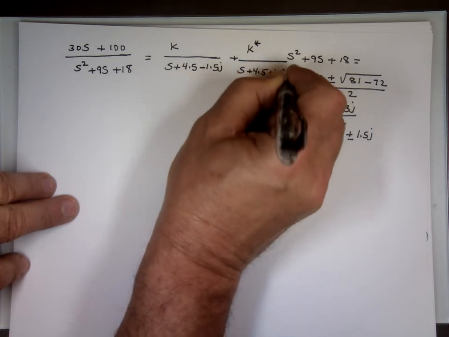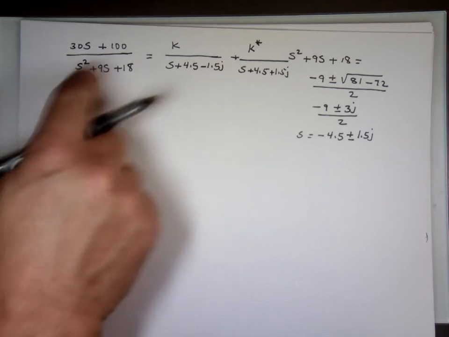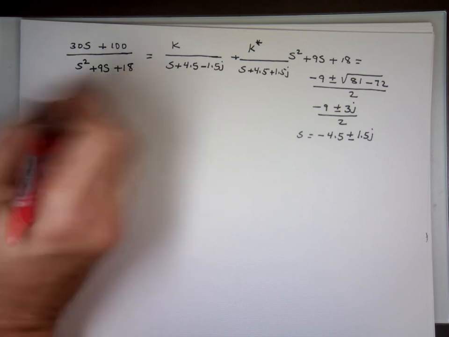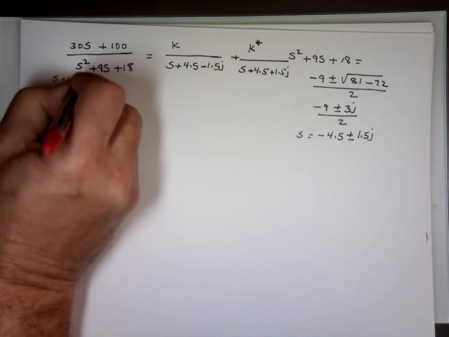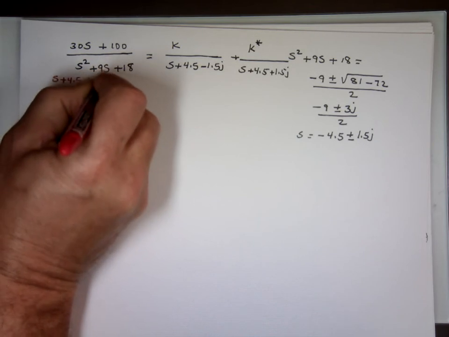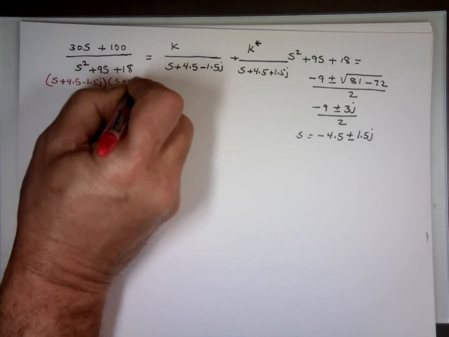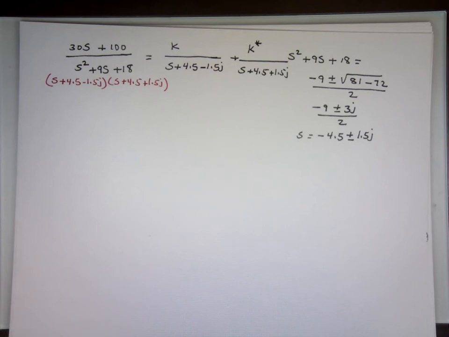Remember, if you factor the bottom here, if you factor s squared plus 9s plus 18, you end up with this: s plus 4.5 minus 1.5j and s plus 4.5 plus 1.5j. Well, you want to do the k over the minus. Yep.